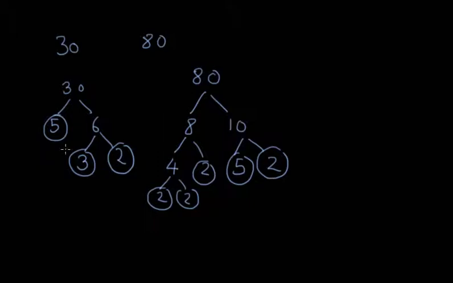We're now looking for numbers that are in common, because we're looking for common factors. So what common factors have we got? Well, 2 is common. 3 is not common.